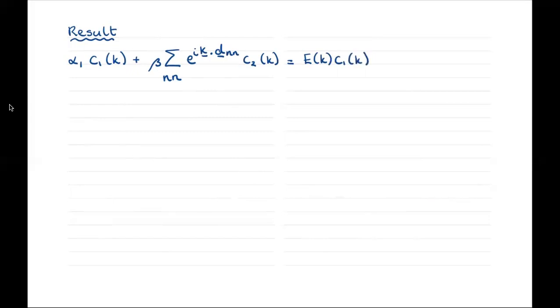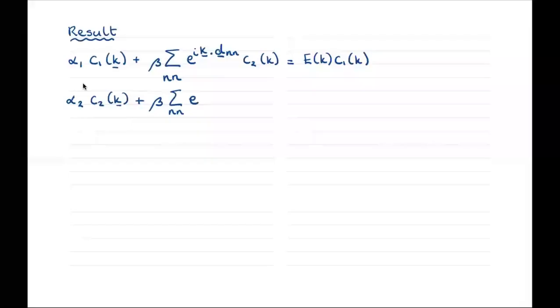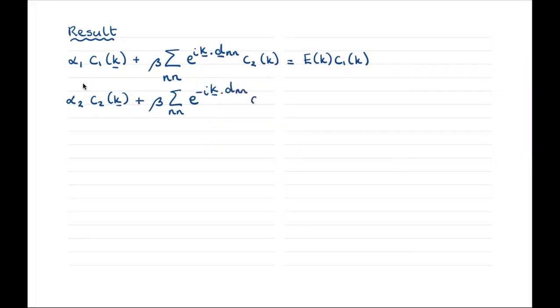And I'll define these terms alpha 1 and beta in just a second. And the second case, when we pre-multiplied by the term with phi 2 in it and integrated, gives us alpha 2 C2 of k plus beta, the sum over the nearest neighbors, e to the minus i k dot nearest neighbor distance, C1 of k is equal to E of k C2 of k.